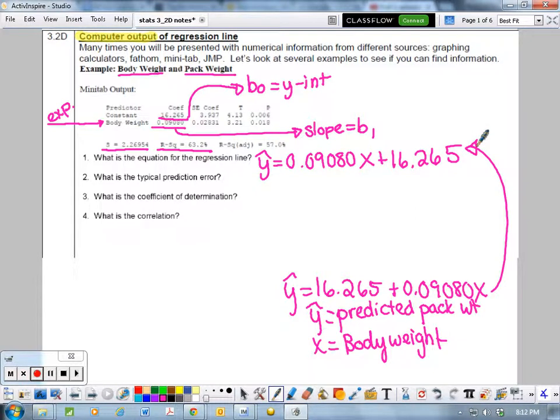Okay, what's our typical prediction error? We have to remember that our prediction error is s. So our typical prediction error is 2.26954, and this is a prediction error in our y value. If our y value is pack weight, this is 2.26954 pounds of pack weight.